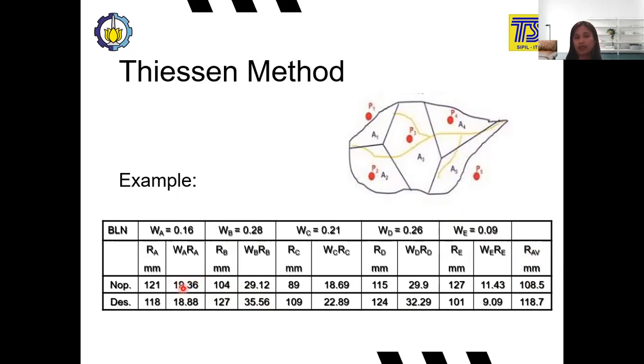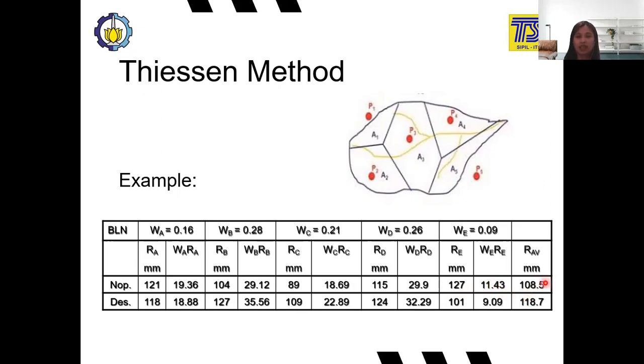we can get the average rainfall by totaling the rainfall from each station. For example, here we calculated by totaling 19.56, with 29.12, with 18.96, 69, and 29.9, and then 11.43.